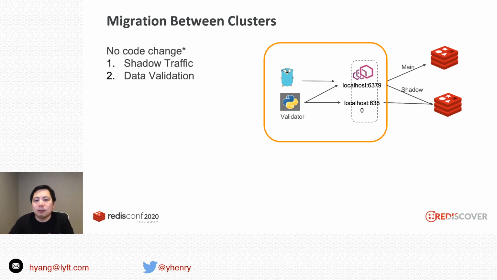Now, at this point, you might be asking, what about some of the keys that, no matter how many commands you replicate, would not get to a consistent state? For example, if you do increments, or if you are adding and removing things from a list.